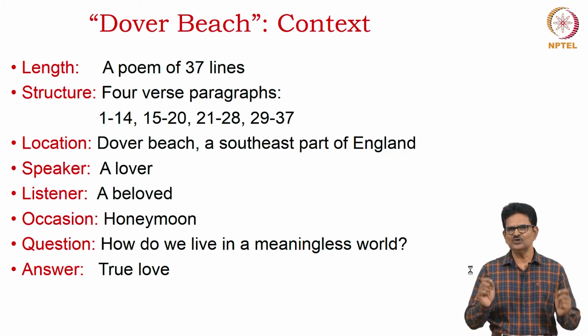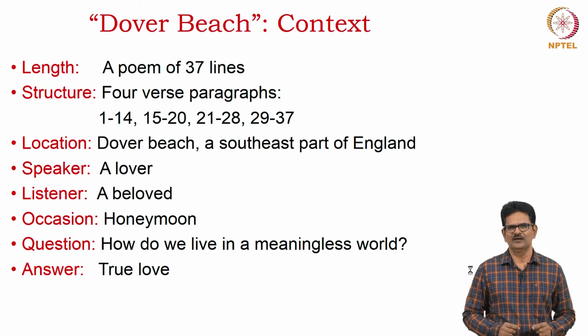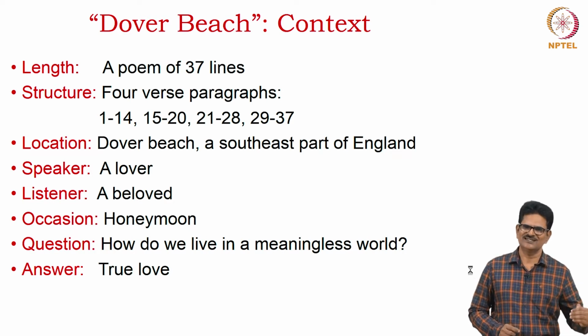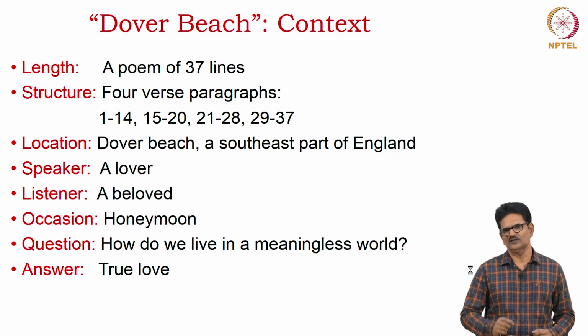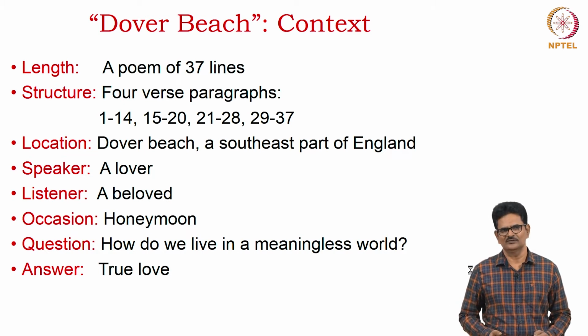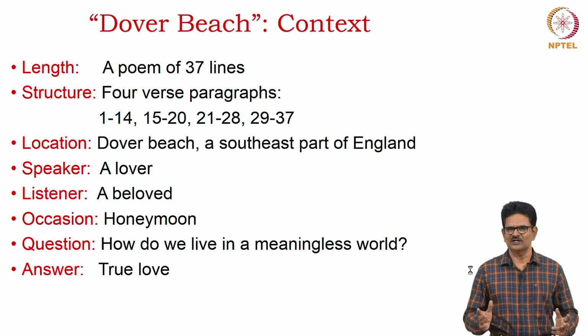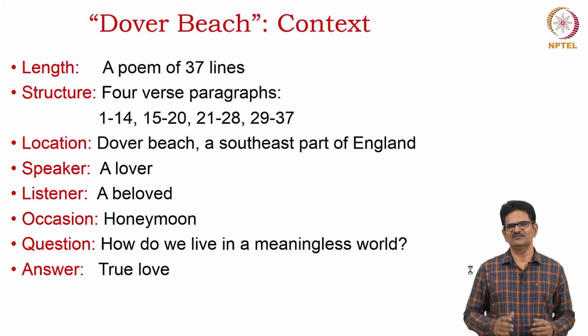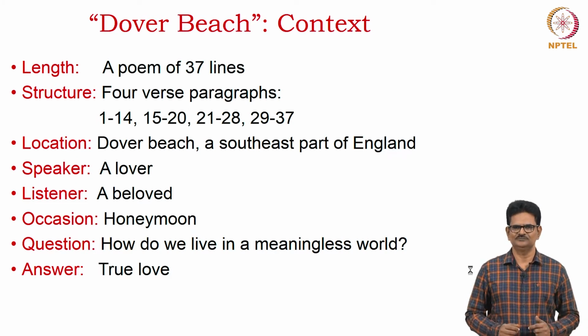We have a huge question in this poem: how do we live in a meaningless world when we do not find meaning because religion has lost its power, because science is rapidly growing? How are we to find meaning? How do we live in this world? The answer is also given at the end of the poem, that is true love.